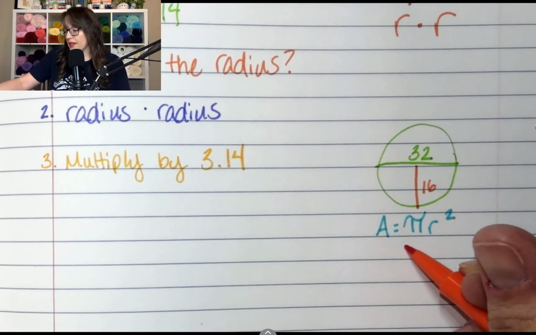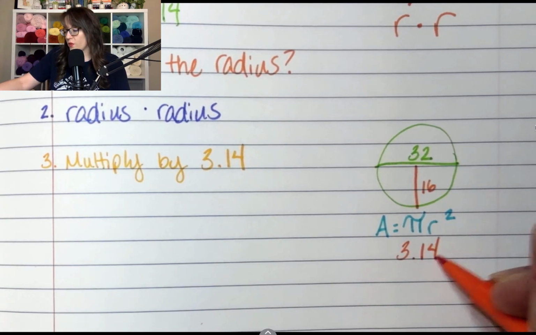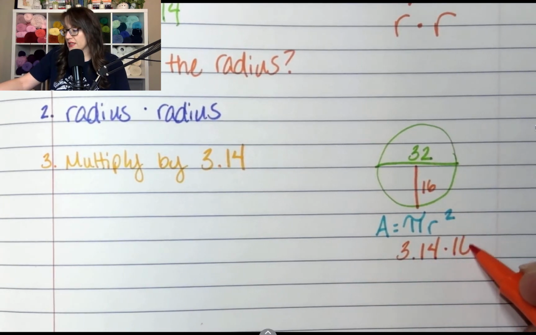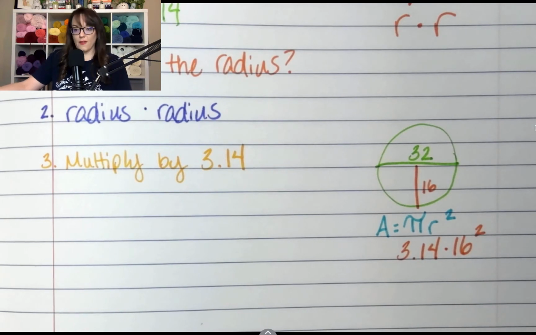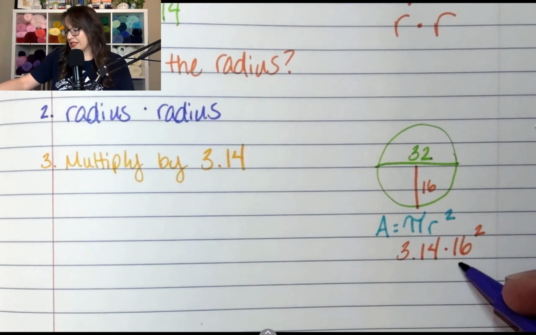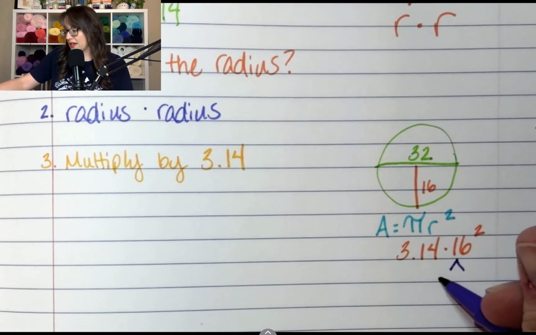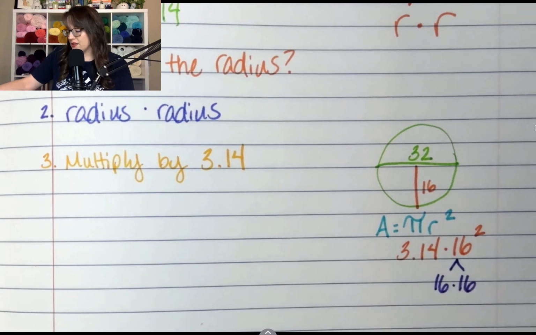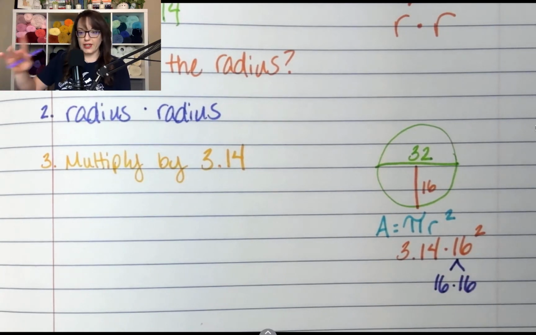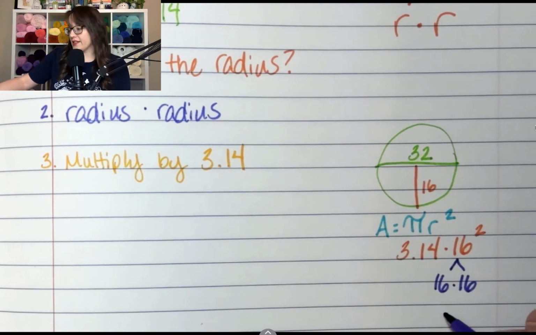So I'm going to rewrite it as 3.14 times 16 squared. Step 2, radius times radius. So I have to do 16 times 16, which is how much? Work it out. 16 times 16 is 256.